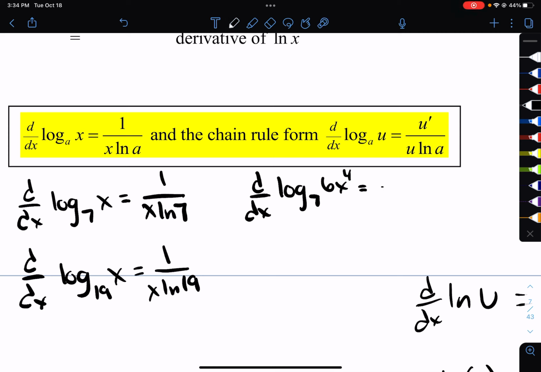So on top, I need to take the derivative of u, which is right here. These three things go together, right? The derivative of 6x to the 4th is just 24x cubed. I drop the 4, times it by 6, and then I drop the x to an exponent of 3. And on the bottom, it wants me to put u. Well, u is 6x to the 4th. And then I need the natural log of whatever a is, which happens to be 7.